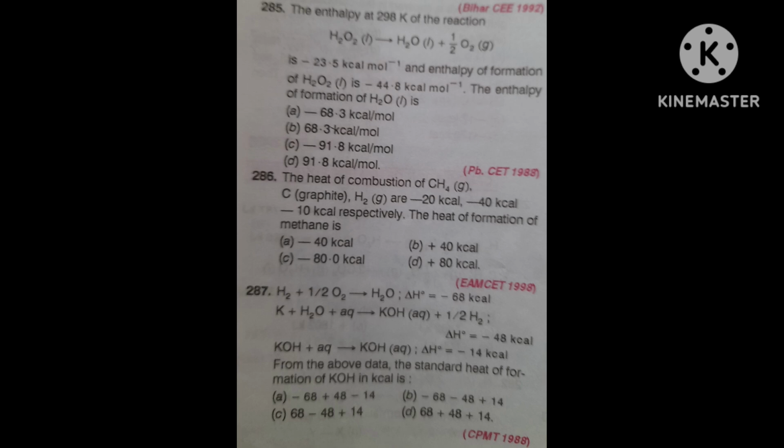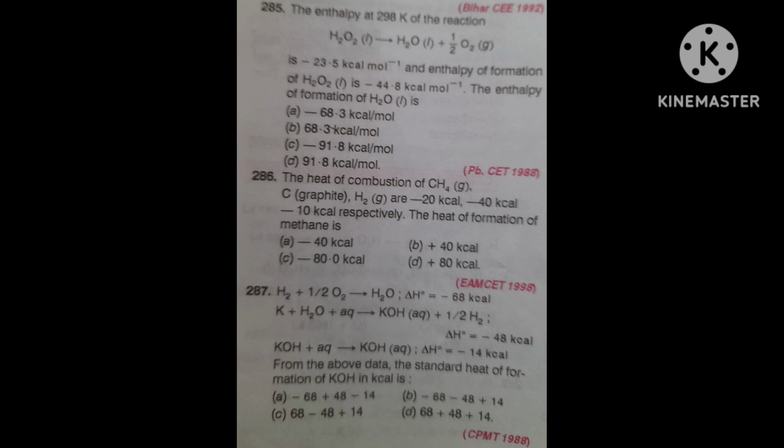Two values are given. Then you do H2O minus H2O2, that is, product side minus reactant side. On the product side only H2O liquid you have to consider, minus the reactant, the peroxide H2O2. Both are liquid.